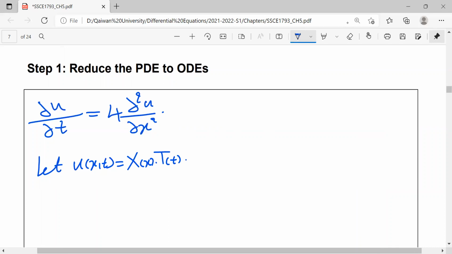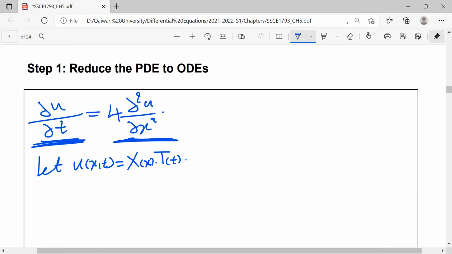What we do is find the partial derivatives that you have in the heat equation. The partial derivatives are partial u by partial t and also partial squared u by partial x squared. We find these two partial derivatives.